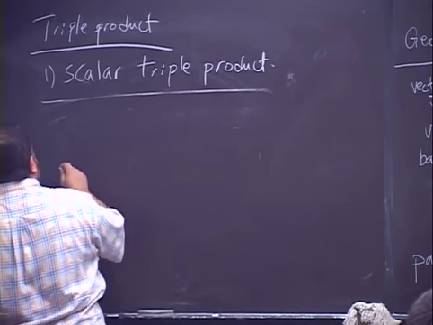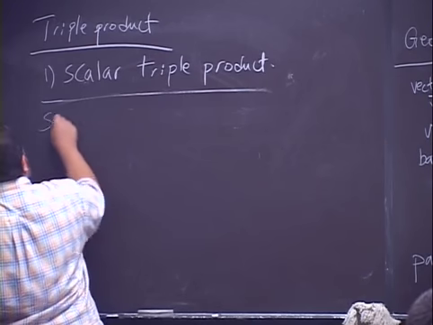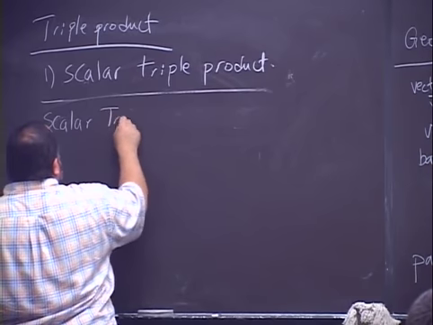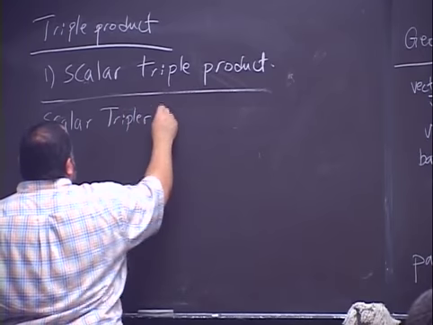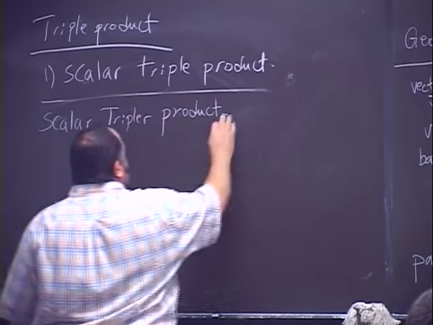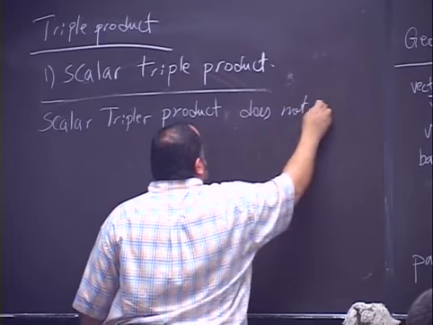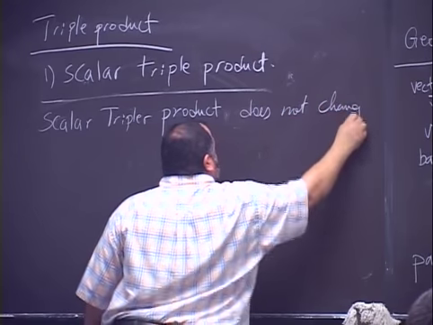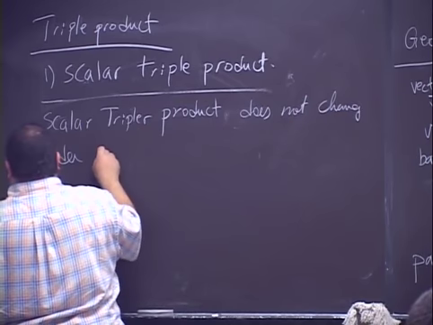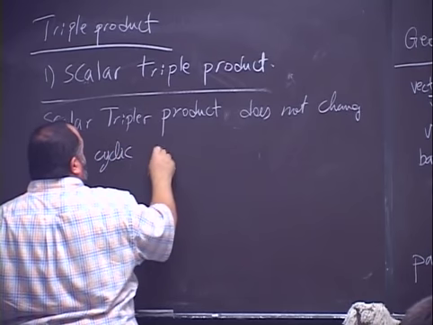So there is another property which we call that the scalar triple product does not change under cyclic permutation.